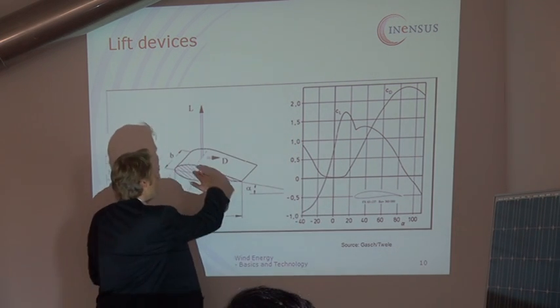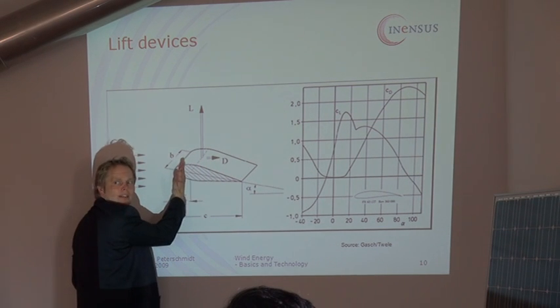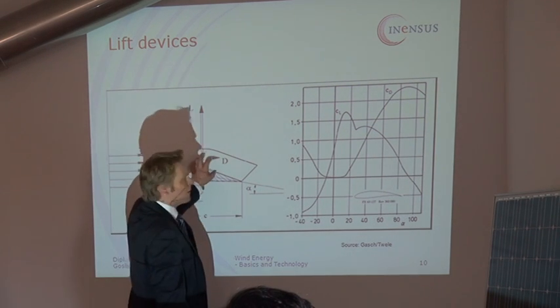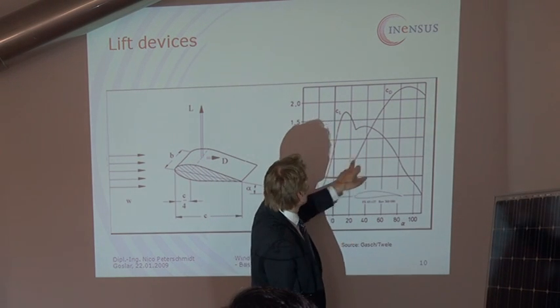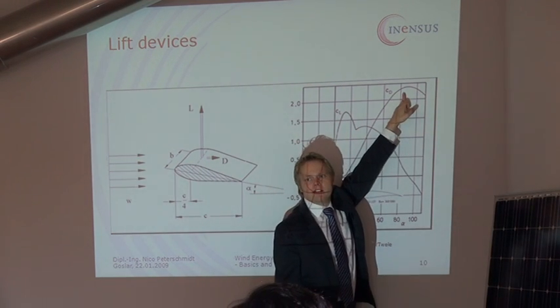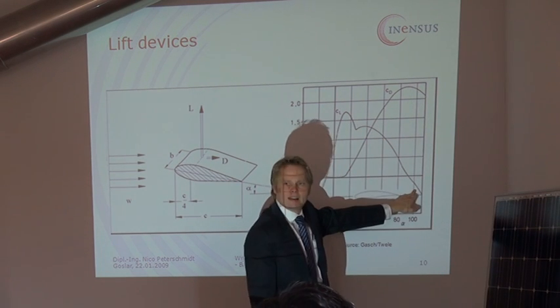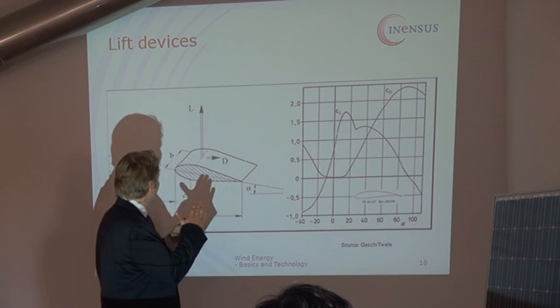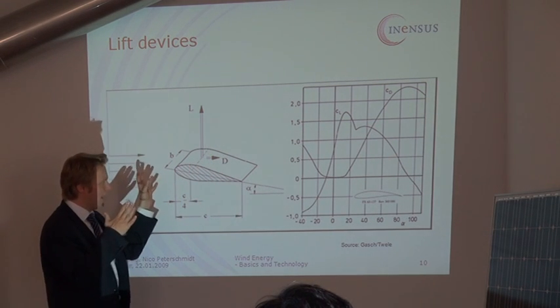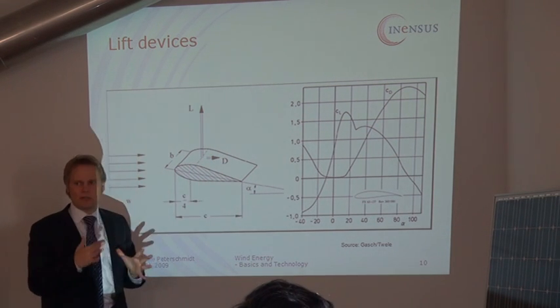Another option would be turning the blade into that direction. That would be the stall direction, and then you go over here. The drag force gets incredibly high immediately, but the lift force is getting reduced. So you've got active pitch and active stall wind turbines.